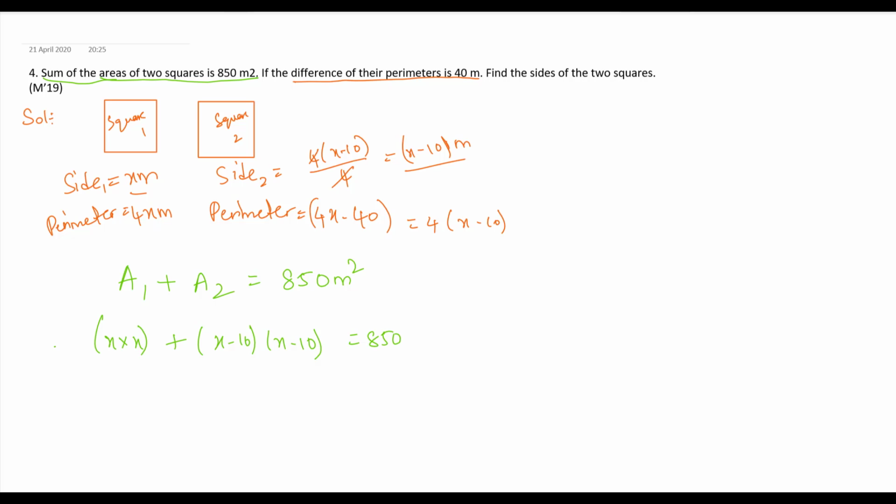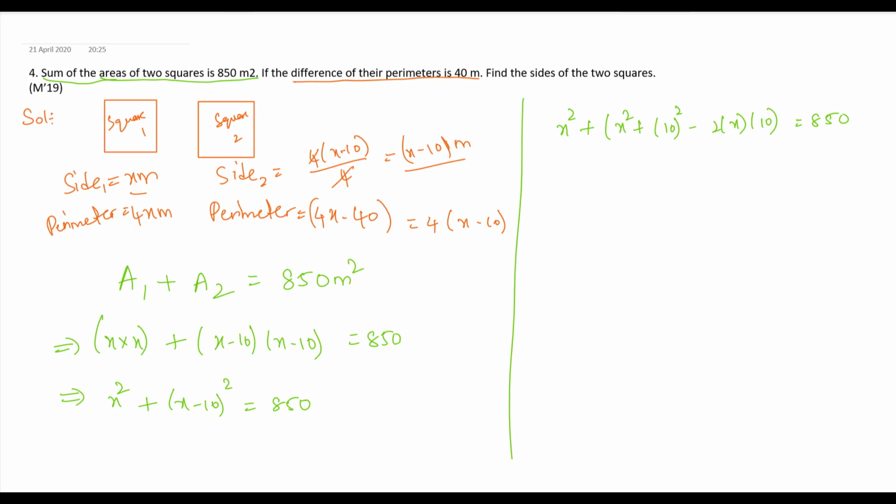x into x will give us x square, plus x minus 10 into x minus 10 will be (x minus 10) whole square, gives us 850. So that is x square plus a square plus b square minus 2ab give rise to 850. x square plus 100 minus 20x is equal to 850.